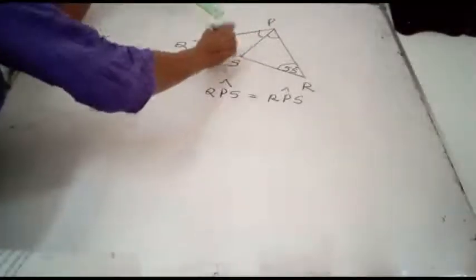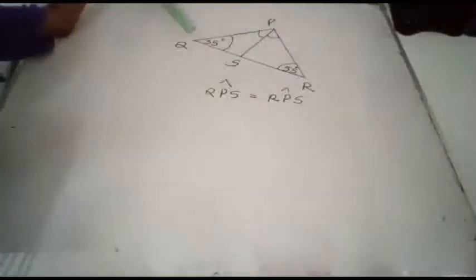Moreover, angle PQS is equal to 35 degrees, and angle PRS is equal to 55 degrees. Find the magnitude of angle QPR.